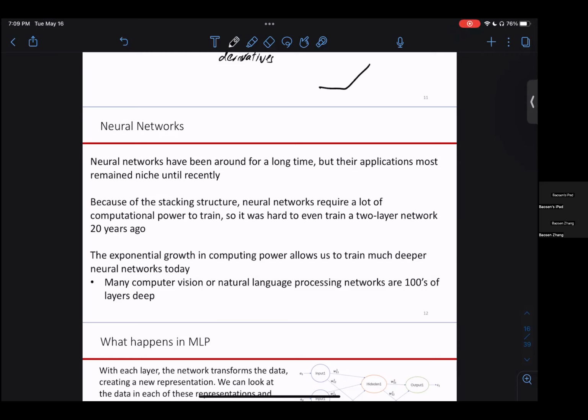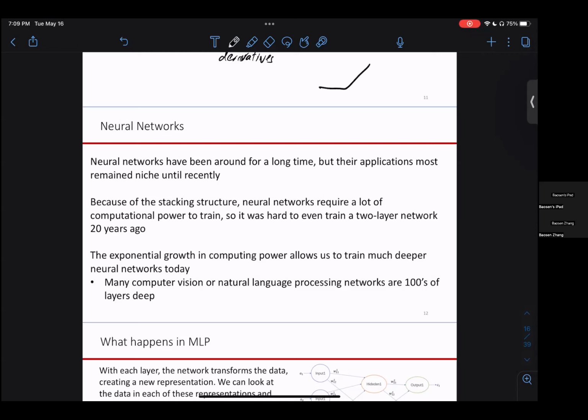If you think of the computing power from the late 80s, early 90s to now, it has grown by I don't know how many times, a trillion times or something. That really allowed us to train much, much larger neural networks. Your biggest computers used to take a week to train a two-layer neural network. Nowadays you can train it on your personal laptop, even on your phone.